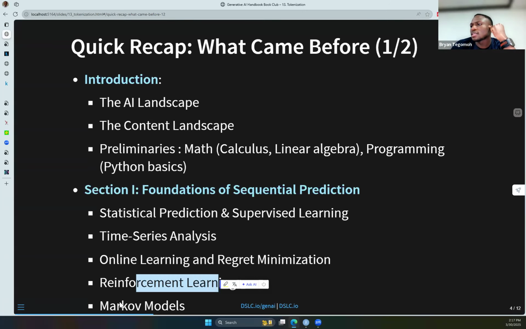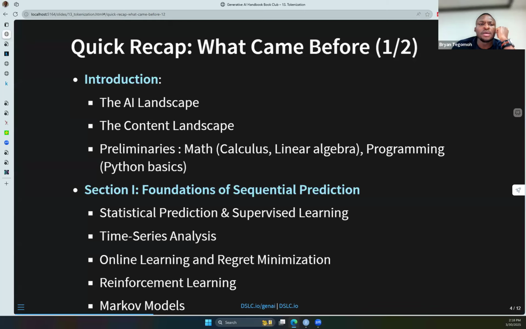Then we discussed the Markov model. I believe this was chapter 6, if I'm not getting the numbering wrong. Markov models are based on the concept of assuming memoryless transitions, so the future state depends on the current state. We talked about some of the applications in evolutionary biology.